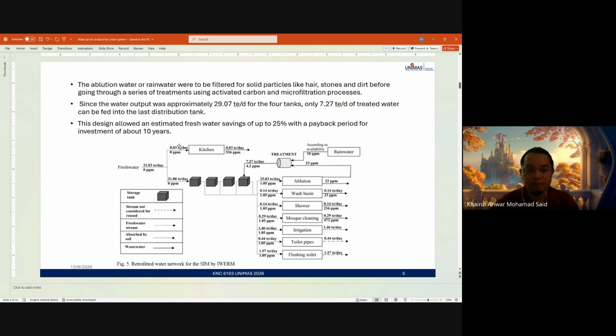It saves up to 25%, and the investment takes about 10 years to pay back.